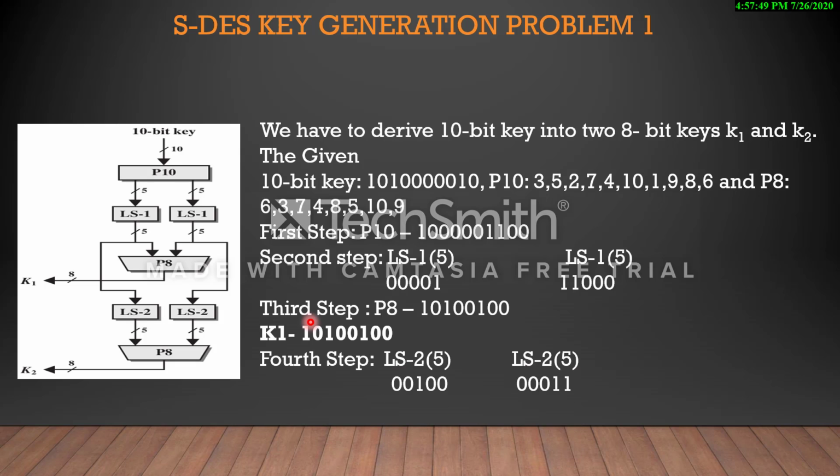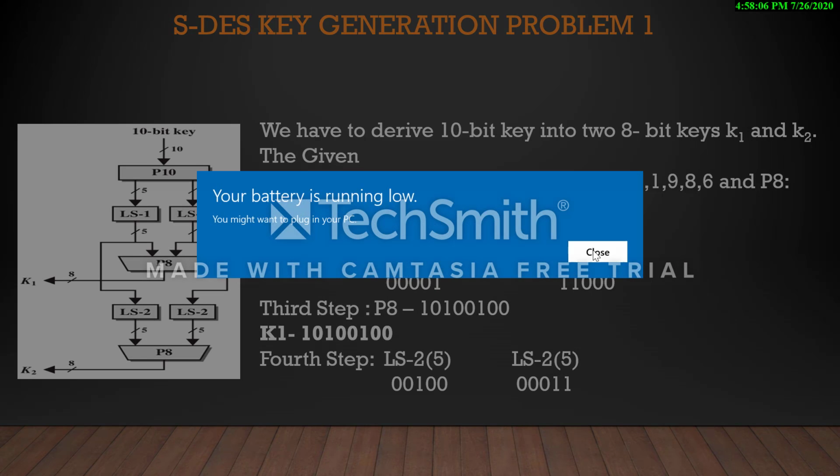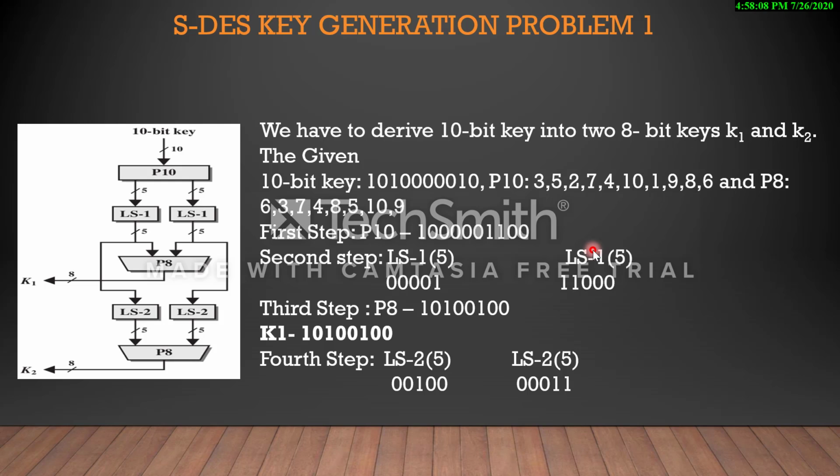Then we move to the fourth step. What is the fourth step? The fourth step is LS2. The input for LS2 is the output of LS1. We know the output of LS1, these two are the output of LS1, on both the left hand side and the right hand side.